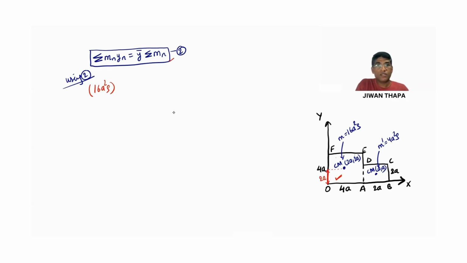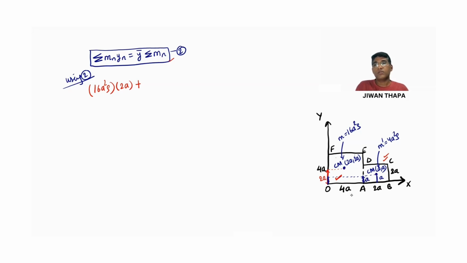So yn is twice a, plus, now for this lamina, the center of mass is at this height from the origin O, and this distance or height is a.